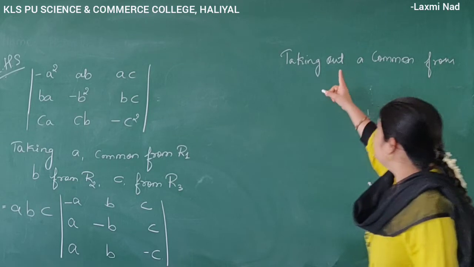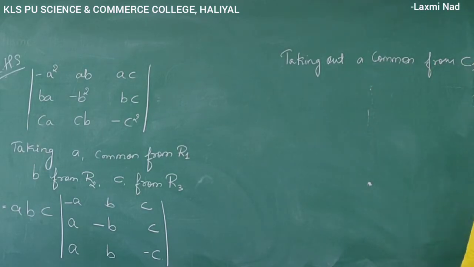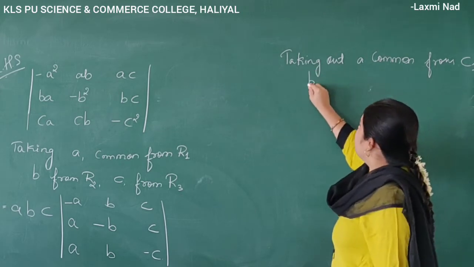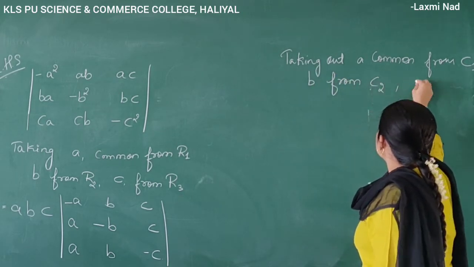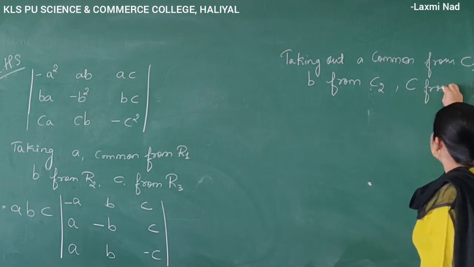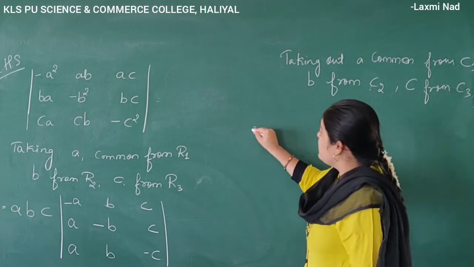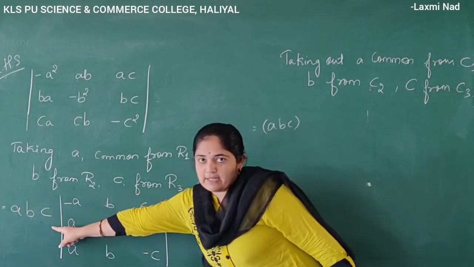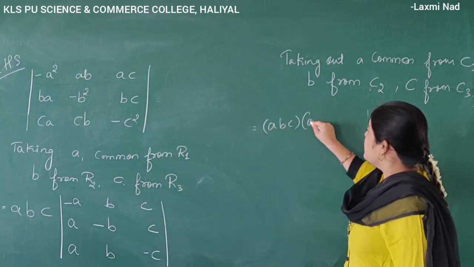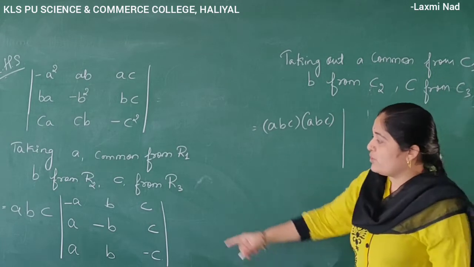So taking a common from C1, b from C2, c from C3, the given determinant is reduced to, already we have abc, and again I am taking a, b, c common from C1, C2, C3.